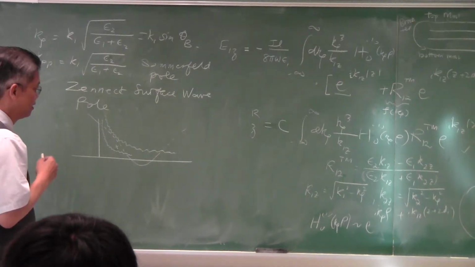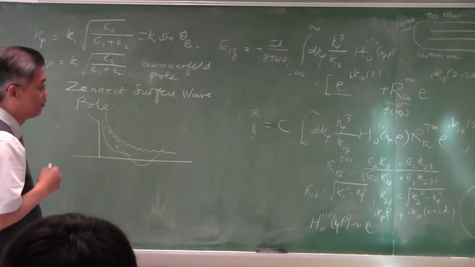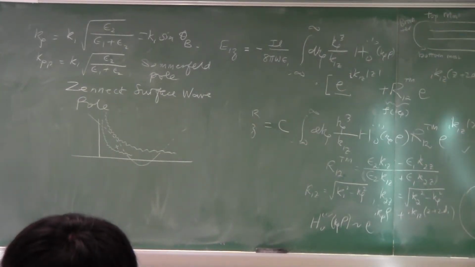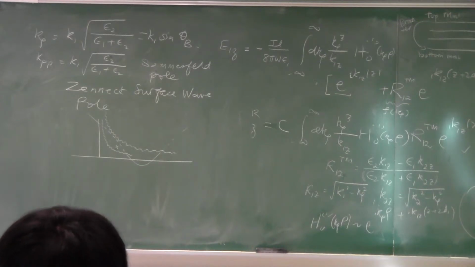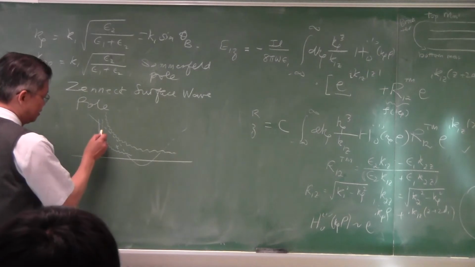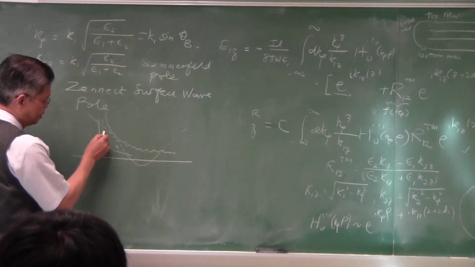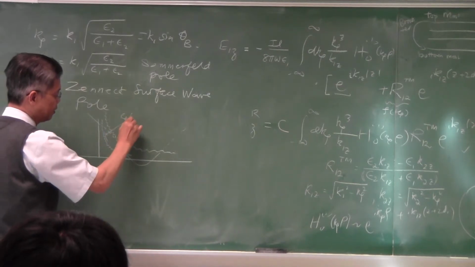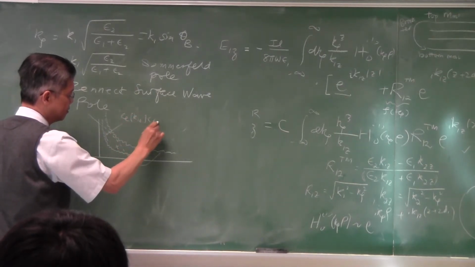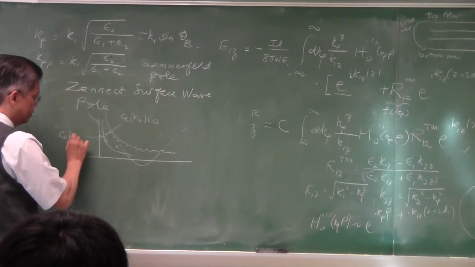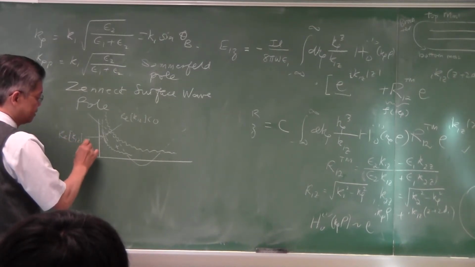And actually, I don't know if you recall the mapping I had before, that this shore of the branch cut actually corresponds to real k1z less than 0, and the other shore of the branch cut corresponds to real k1z larger than 0.